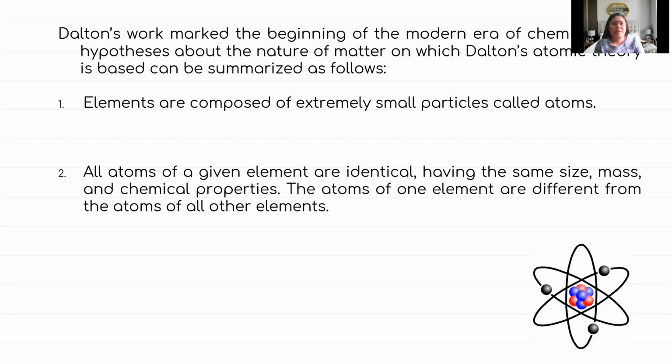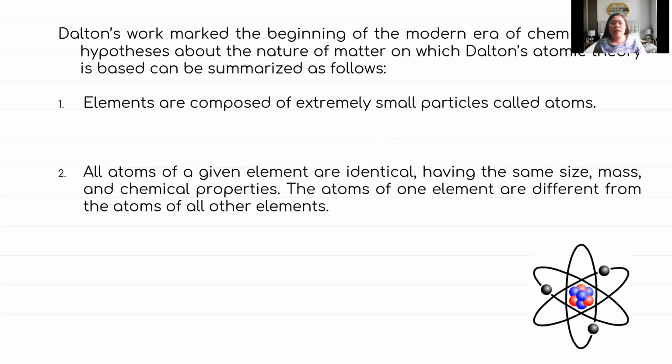Remember, elements are the simplest form of matter, and though it is the simplest form of matter, it is also composed of smaller particles which he called atoms. Again, he called the components of the elements atoms.